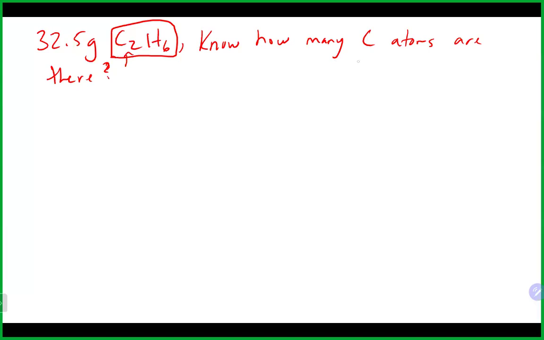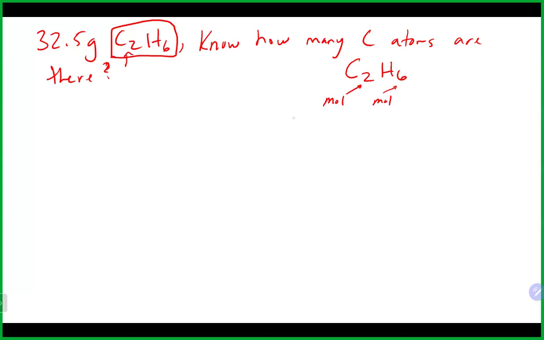So when we look at a formula, when we see these numbers on the bottom, they do represent the moles of each of those elements that are present. So actually from the formula itself, we can have a conversion factor that takes us from the whole thing to just one of the elements that are present.